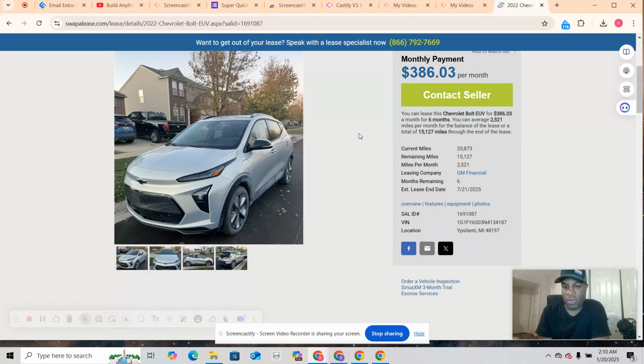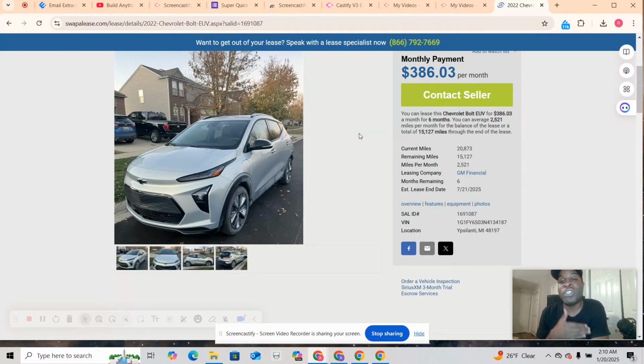That's the secret for adding auto loans, auto trade lines. Swap a lease, find a car with a low monthly payment, 6 months left on the lease or less.